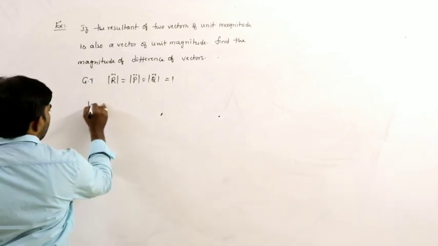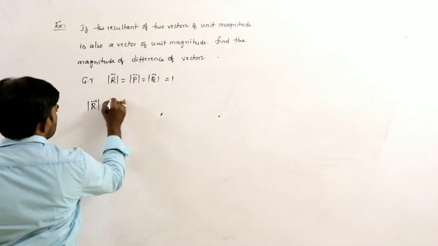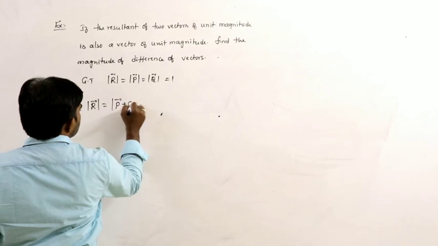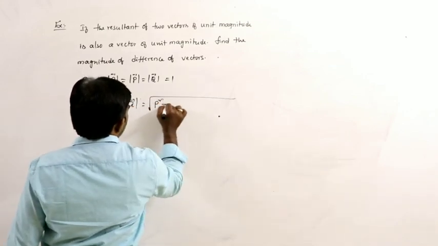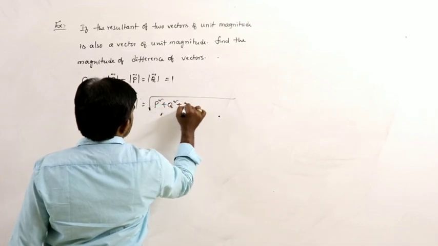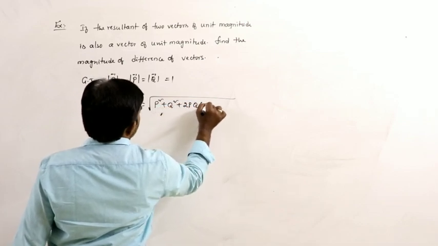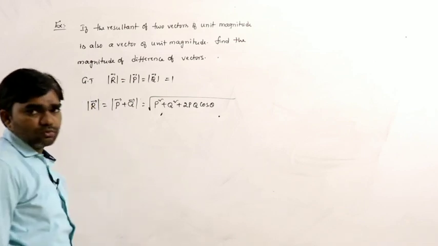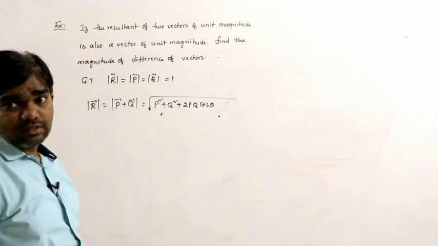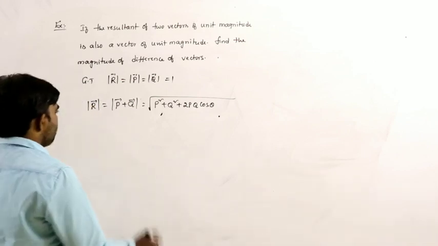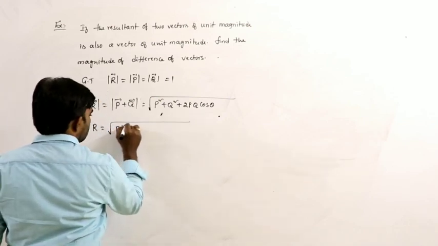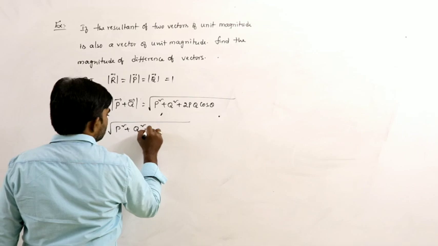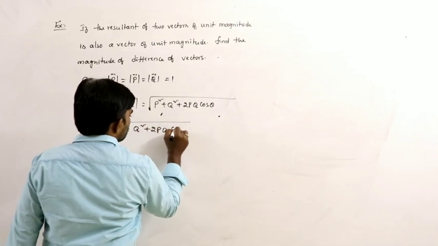Now, what is the formula? Magnitude of R bar is equal to magnitude of P bar plus Q bar, that is equal to square root of P square plus Q square plus 2PQ cos theta.